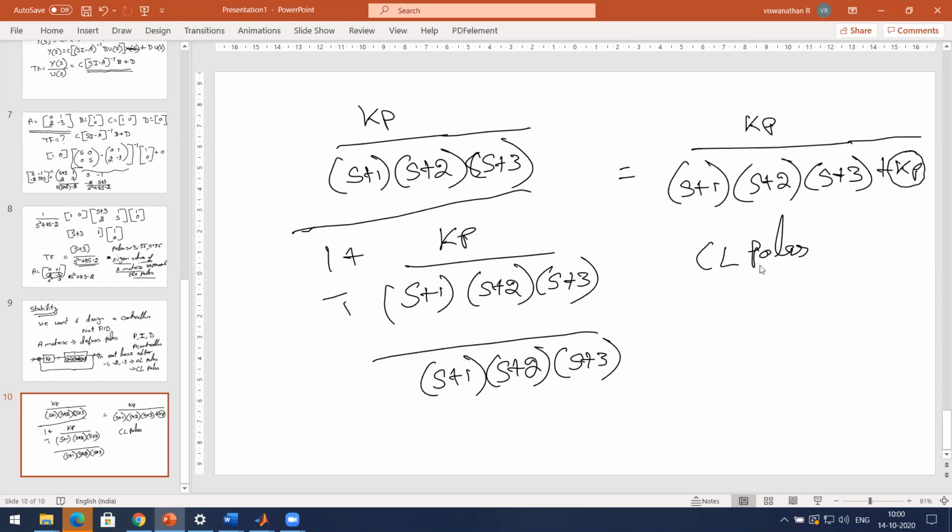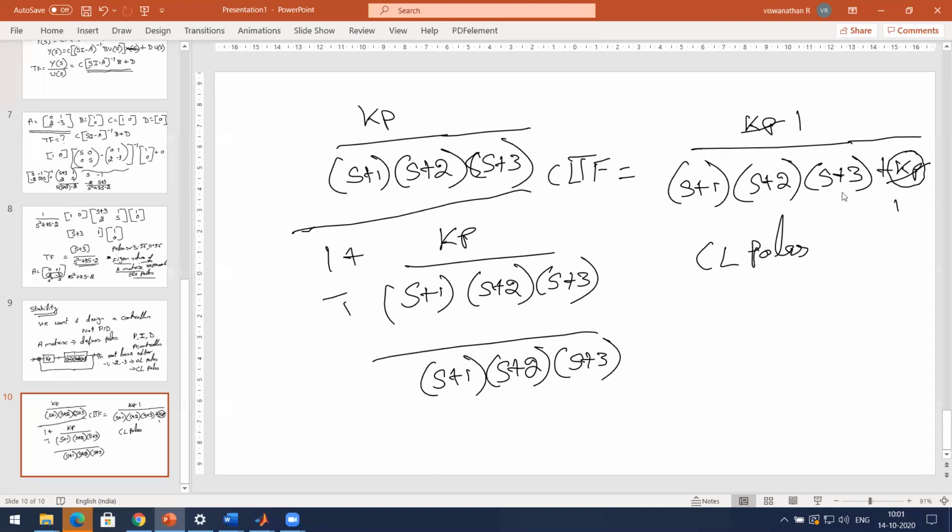What happens to the closed loop poles? Will it change or not with kp? No, sir. Suppose kp is 1.